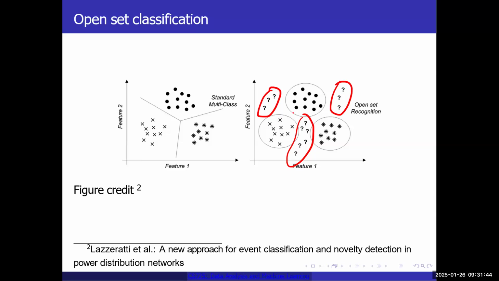And this is actually more difficult than regular classification, because in the classification you have this decision boundary, right? And then everything in this area will be one class, anything in this area will be another class. But for open set, you actually have a closed boundary for each class, right? And if the data does not belong to any of the boundaries, then it will not be assigned to a class.